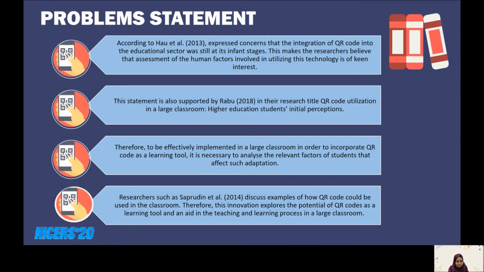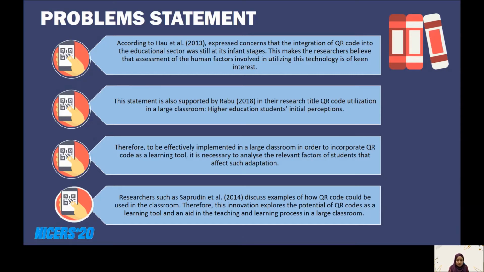Next is the problem statement. According to Howe et al. 2013, the integration of QR code into the educational sector was still at its infant stage. This makes the researchers believe that assessment of the human factor involved in utilizing this technology is of keen interest.